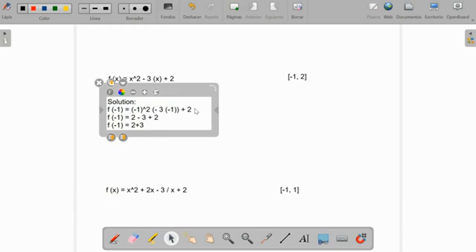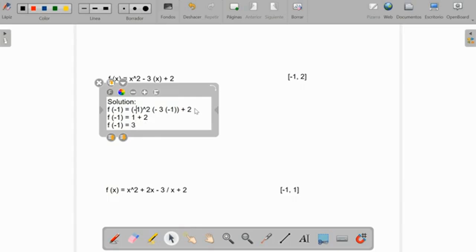Minus by minus is positive, but the thing is that this one is greater than this one, and we're going to have a summation here, and as we will have a summation, this is like 2 plus 2 minus 3 is equal to 1 plus 2, and 1 plus 2 is equal to 3.